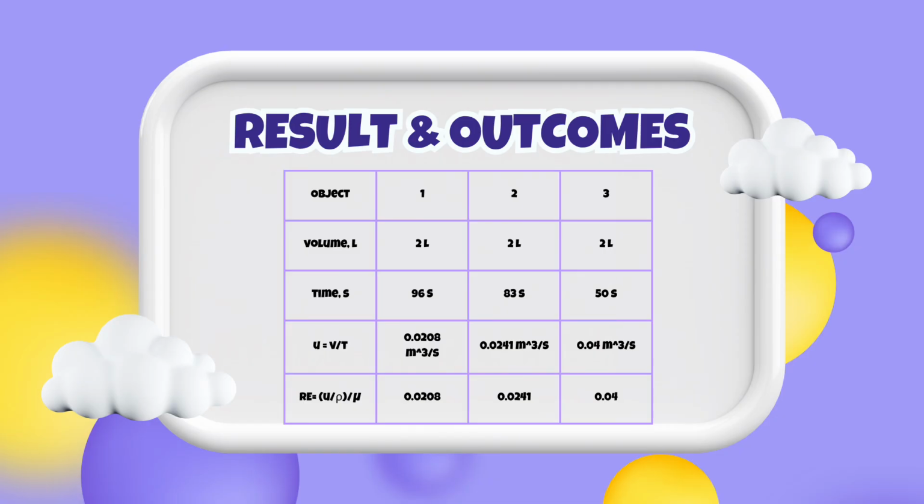So the Reynolds numbers for shape A is 20.8, shape B 24.1 and shape C 40. Since the critical Reynolds number for transition from laminar to turbulent flow in a pipe-like system is typically around 2000, all 3 of our shapes produce Reynolds numbers well below the threshold. This indicates that flow in all cases is laminar.